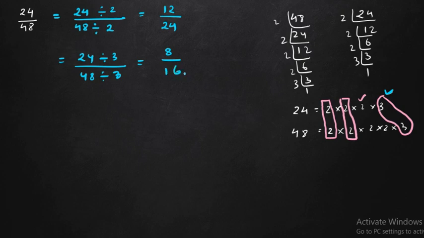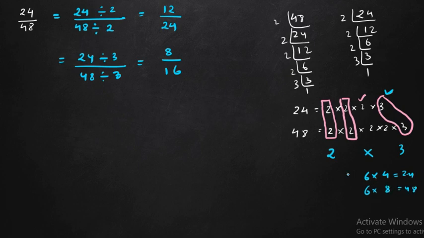8 by 16. Okay. Similarly, this 2 is also a common divisor and 3 is also a common divisor. That means if you multiply these two numbers, we will get 6. 6 is also a common divisor of 24 and 48, because 24 comes in the multiples of 6. 6 4s are 24 and 6 8s are 48.